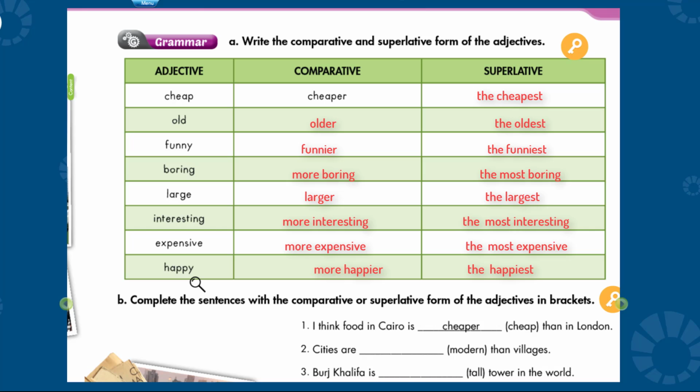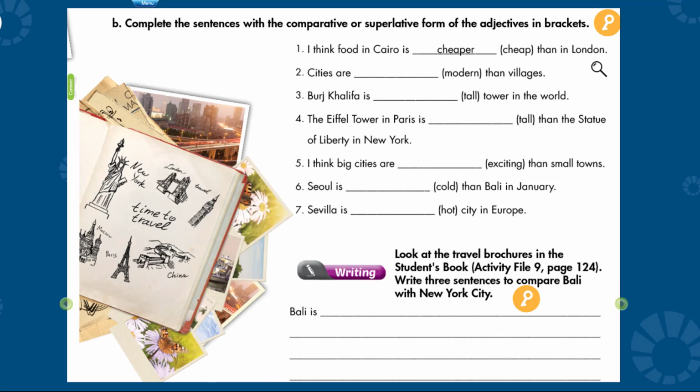Tuy nhiên, tính từ này kết thúc bằng chữ cái Y. Như vậy là chúng ta sẽ chuyển Y thành I trước khi chúng ta sẽ thêm cái đuôi ER đối với so sánh hơn và thêm cái đuôi EST đối với so sánh nhất. Right? Okay, very good. Now let's move. B. Now B, complete the sentences with the comparative or superlative form of the adjectives in brackets. Trong phần B, chúng ta sẽ hoàn tất những câu sau với dạng tính từ so sánh hơn và dạng so sánh nhất. Đối với những tính từ trong ngoặc nha, hoàn tất những câu sau.